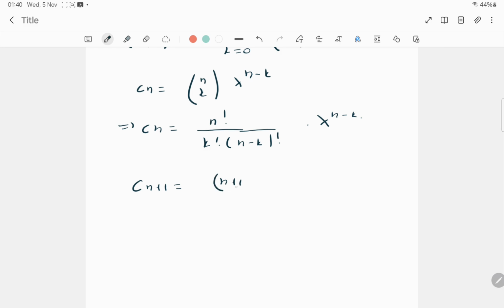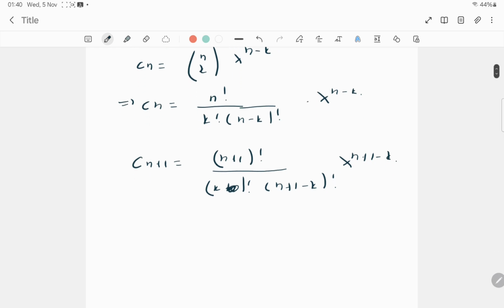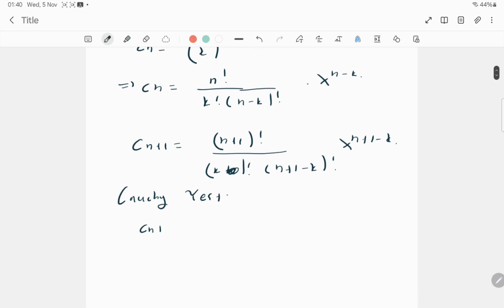There's going to be n plus 1 factorial over k factorial and n plus 1 minus k factorial, times x to the power of n plus 1 minus k. We want to use the Cauchy test. So we take Cn plus 1 over Cn.